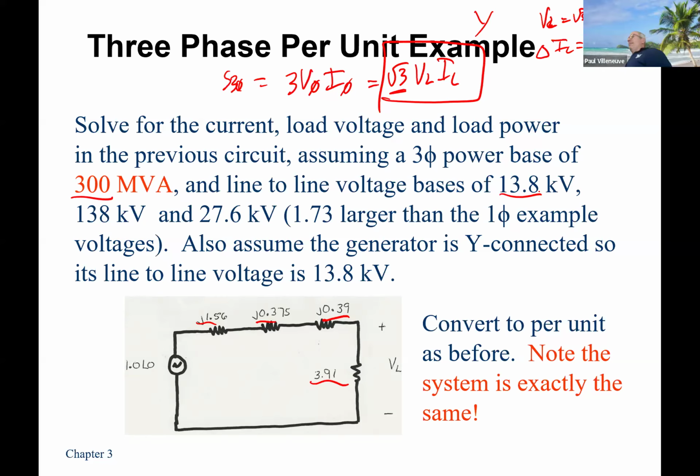But the calculations are the same. This has to be a single phase calculation. You cannot calculate your numbers in 3-phase land. You have to go to single phase equivalents. That's one of the hardest things about working with 3-phase systems is you just think, well, it's a 3-phase system, how do I do the calculation?